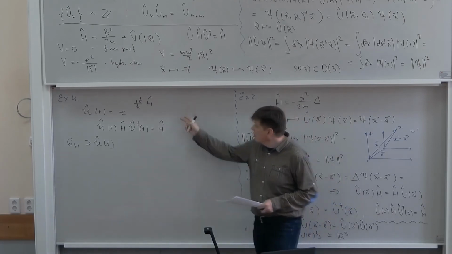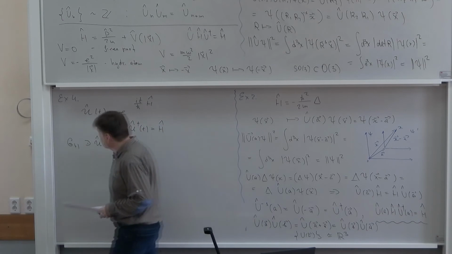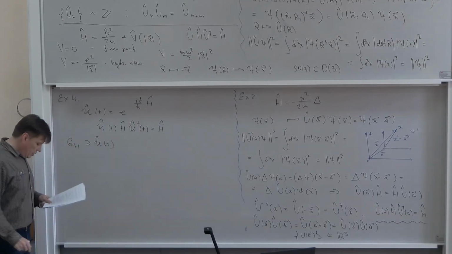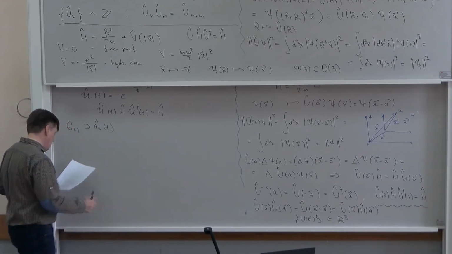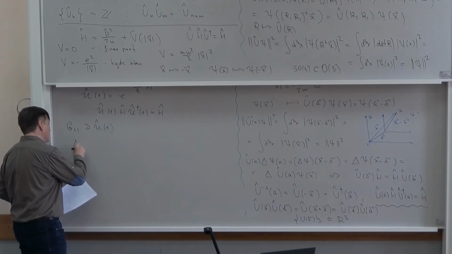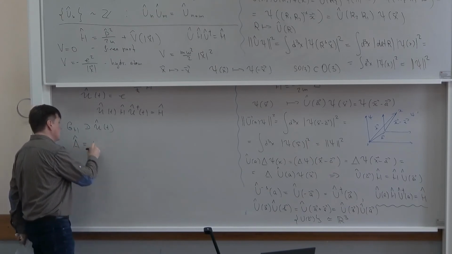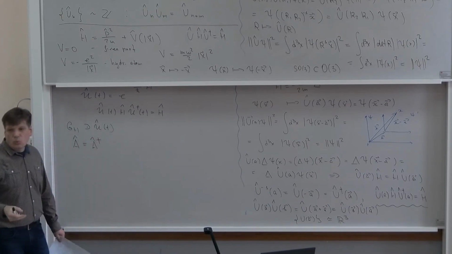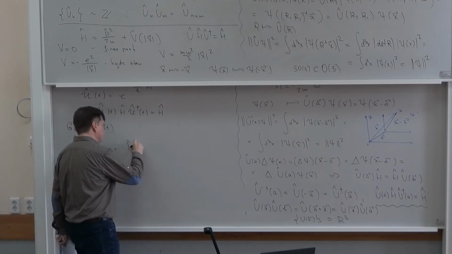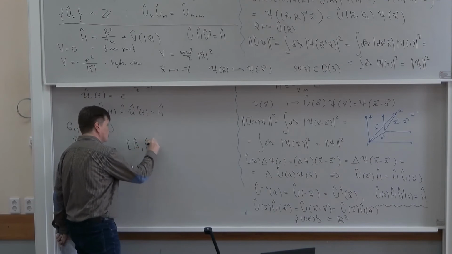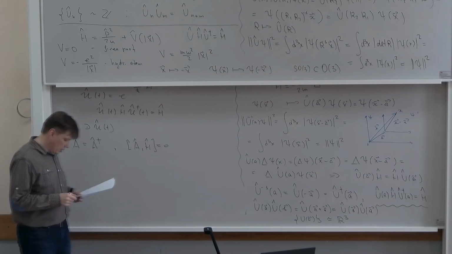And this example admits further generalizations. Suppose we are given a conserved quantity A. What is a conserved quantity? A physical quantity, that is a Hermitian operator, which commutes with the Hamiltonian, right? Then we refer to A as a conserved physical quantity.